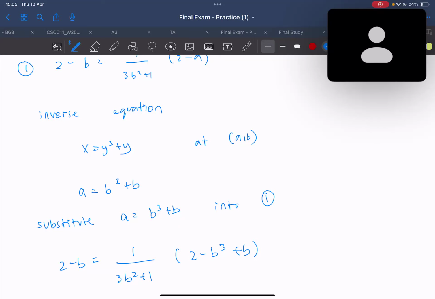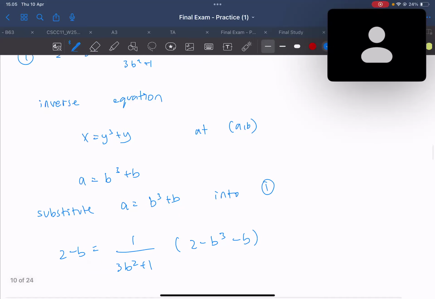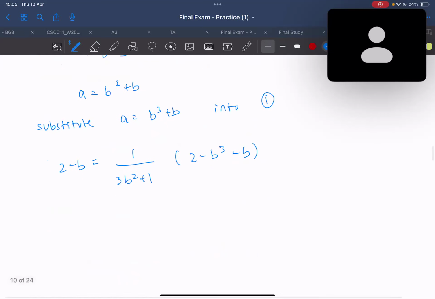Oh no, it should be minus b. Then if you multiply everything by 3b squared plus 1, we do 2 minus b times 3b squared plus 1 equals 2 minus b cubed minus b.